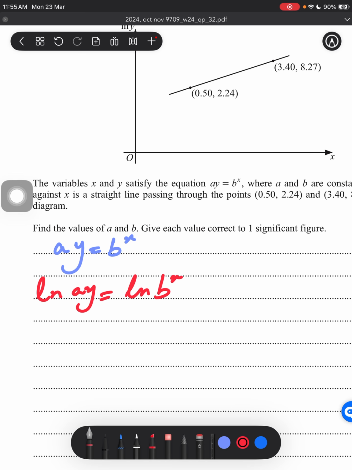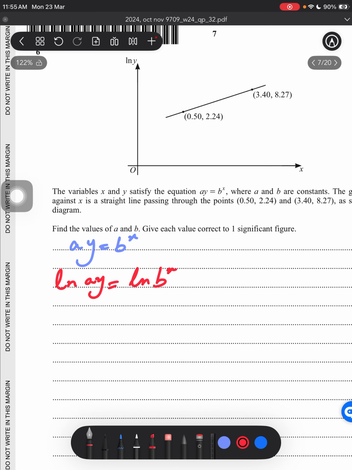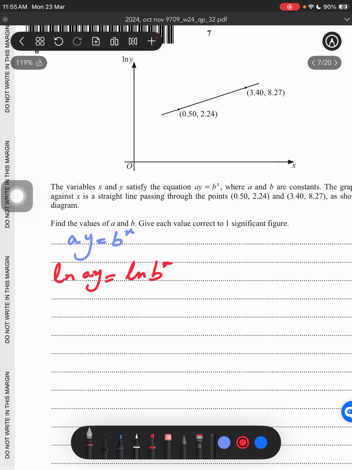So we have this by taking the logarithm rules.